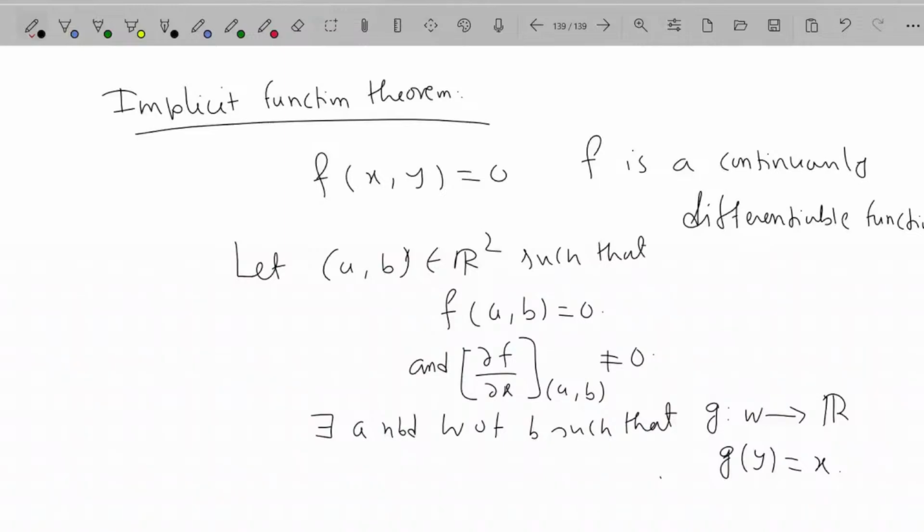Obviously the standard theorem has more to it. Okay, by the way, g will also be a continuously differentiable function. So the partial derivative is important. Why? Because here is your example.